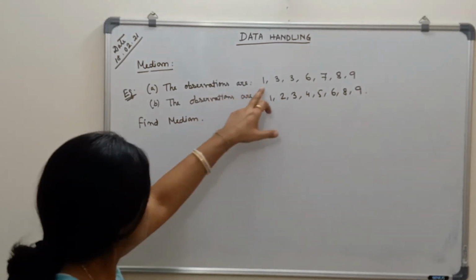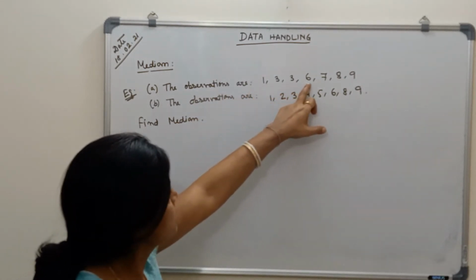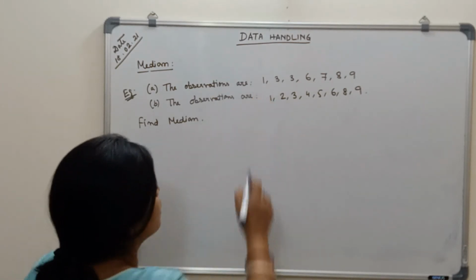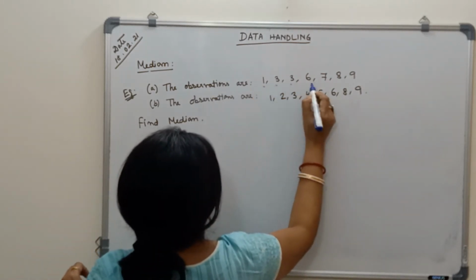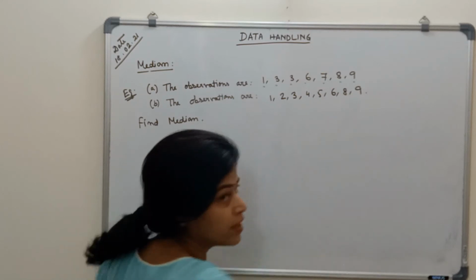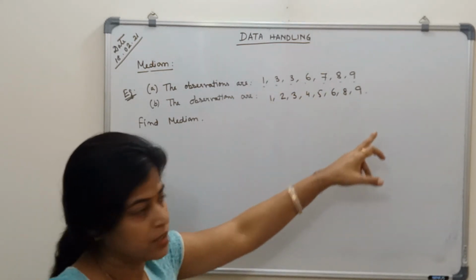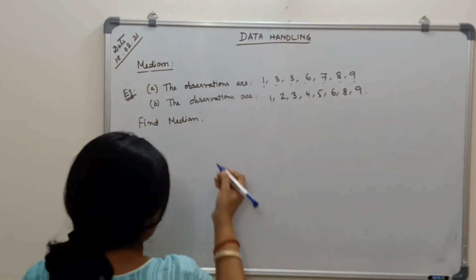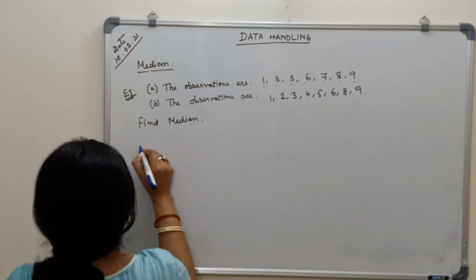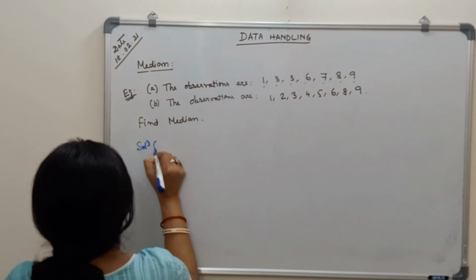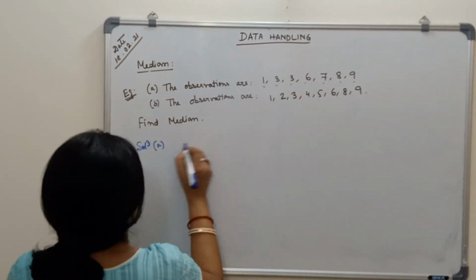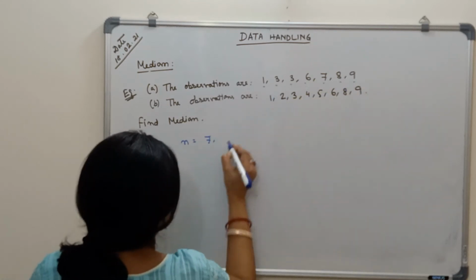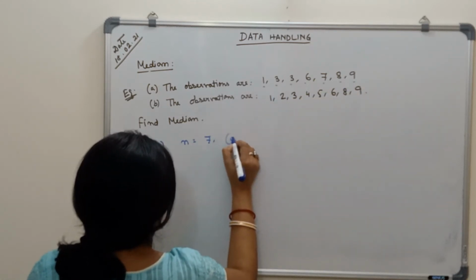The observations are 1, 3, 3, 6, 7, 8, 9. How many observations are there? 1, 2, 3, 4, 5, 6, 7. 7 observations are there. What is the formula for median? Here n is equal to 7, which is odd.